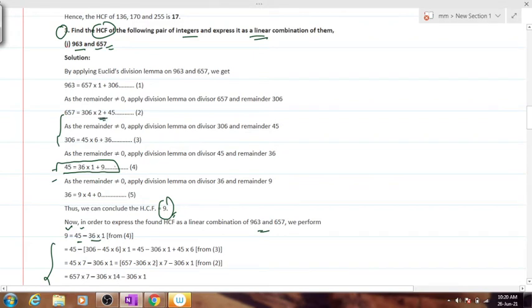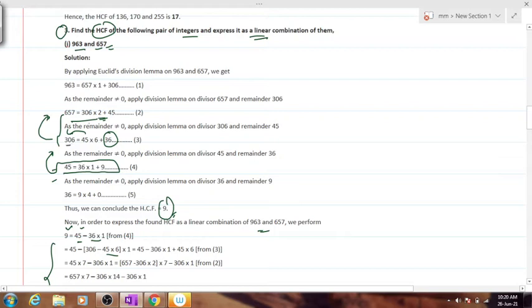You have to go on expressing this thing. This we are expressing, we are going backwards, okay?